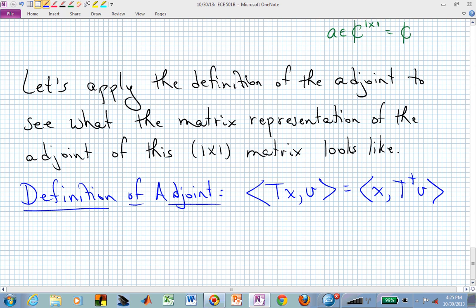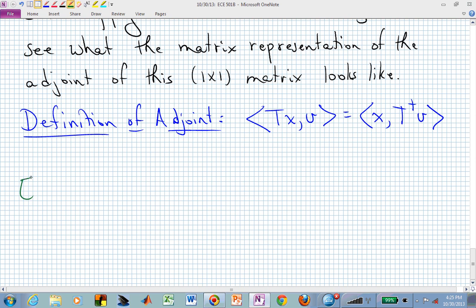And now we have this T being a one-dimensional linear map. And we want to apply that and see what that means in terms of what T dagger or the adjoint is going to end up looking like. If we apply the Euclidean inner product, which in this case are coordinates, we only have one coordinate, so that's pretty easy. We just have to multiply things together.